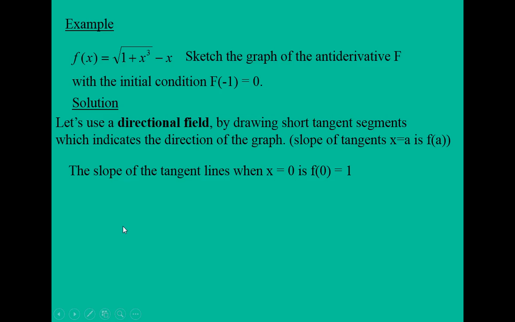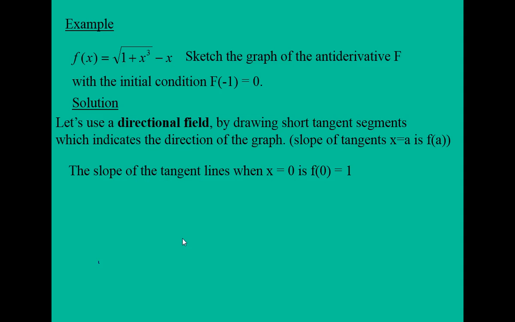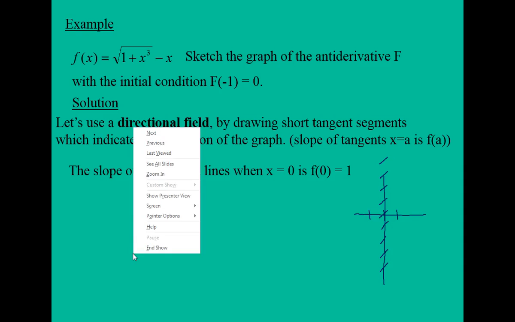When we go to our graph, which is going to be on the next slide, we're going to go to x equals 0 and draw in little tangent lines with a slope of 1. We know the function would be increasing when x equals 0, so we'd draw in those little tangent lines.